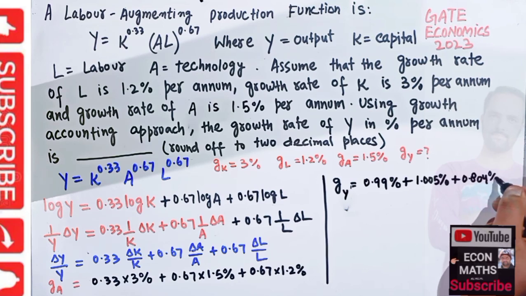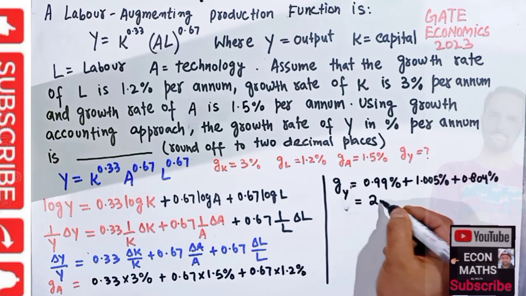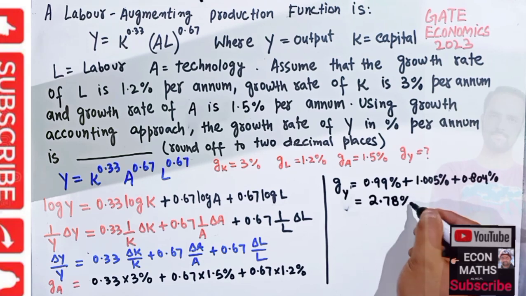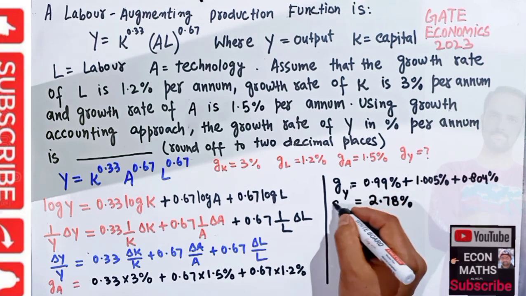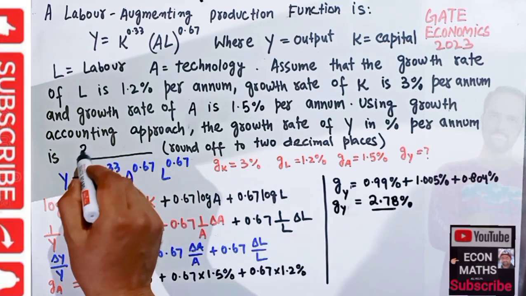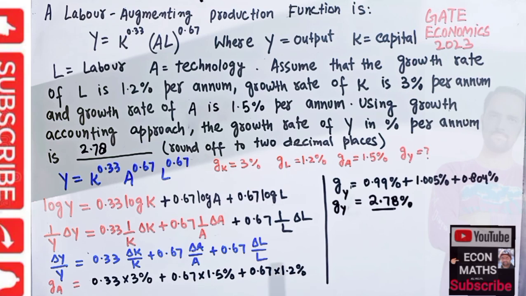Adding this up, it will come out to be 2.78%. That means growth rate of output will be equal to 2.78. Okay, I hope I made the calculation right.